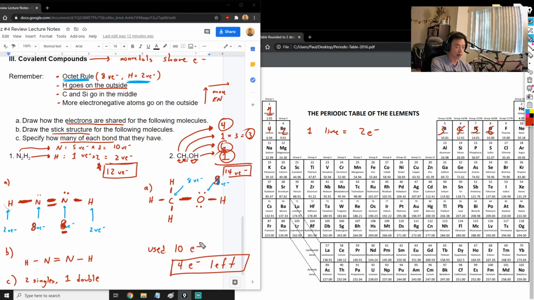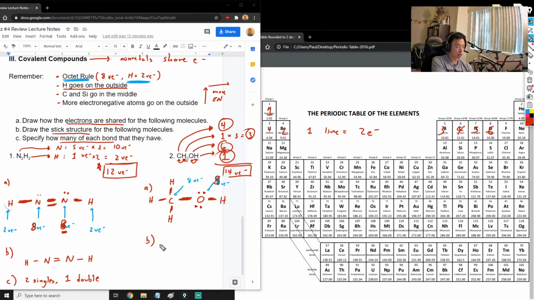You can also check your answer by counting the lines and the dots. We have 2, 4, 6, 8, 9, 10, 11, 12, 14. So there you go, guys. That's going to be how the electrons are shared for this molecule, CH3OH.